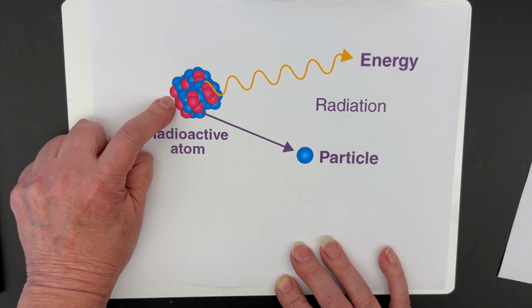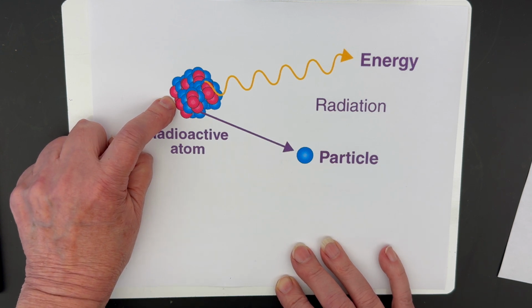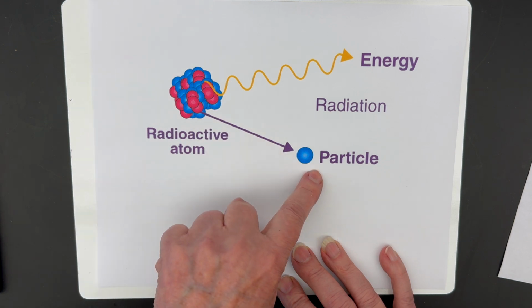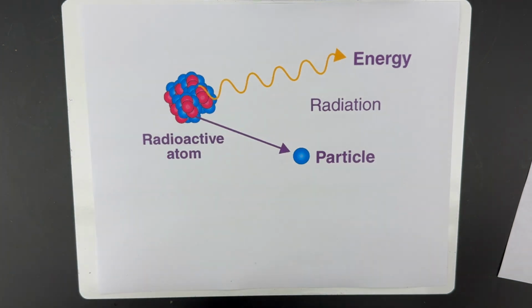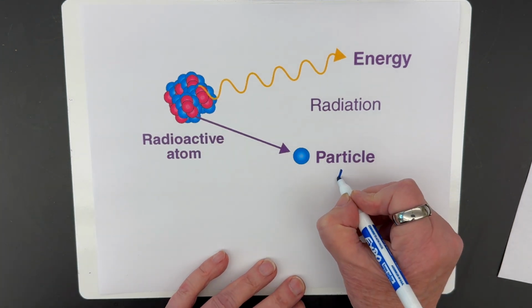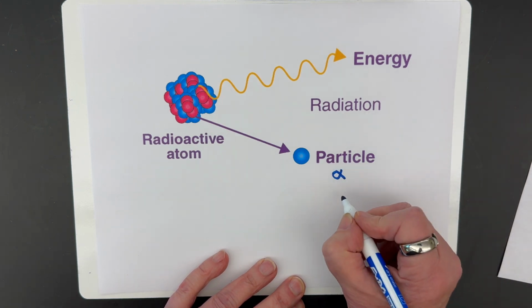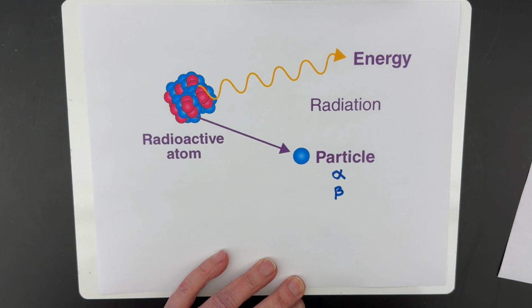When the nucleus gets out of control, unstable, it can shoot out a piece of that neutron. It can shoot out the electron part and keep the proton part. And we'll talk more about that when we talk about equations in the next video. So both alpha and beta are particle emissions. Alpha is 2 protons plus 2 neutrons, and beta is an electron.